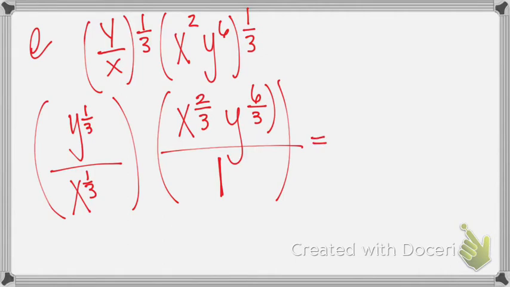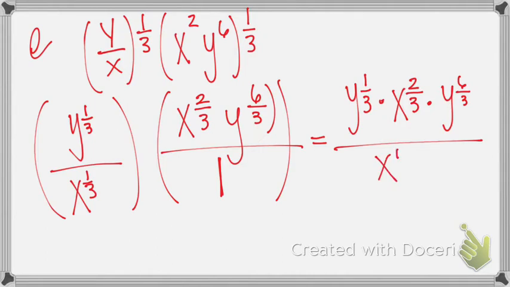All right, so now what I want to do is put it all together. So I have y to the 1/3 times x to the 2/3 and y to the 6/3 over x to the 1/3. So now that I put it all together, I can use the multiplication rule and the division rule. So remember, in order to combine and add your exponents, your base has to be the same. So I can first combine my y's.